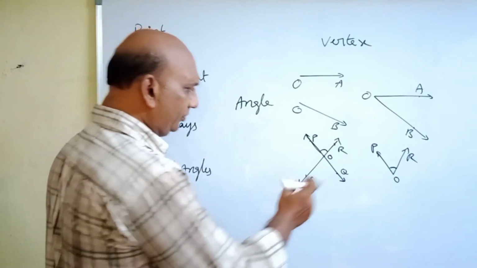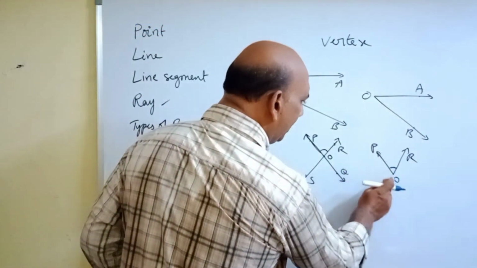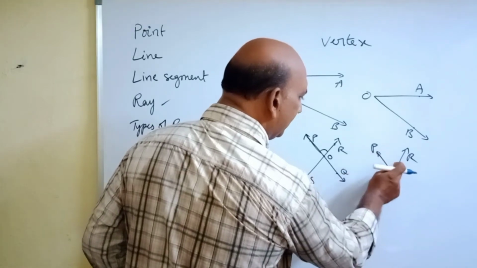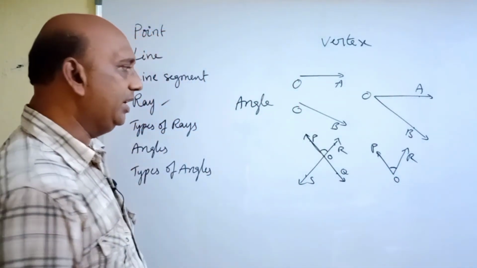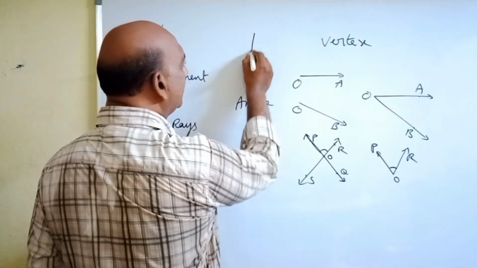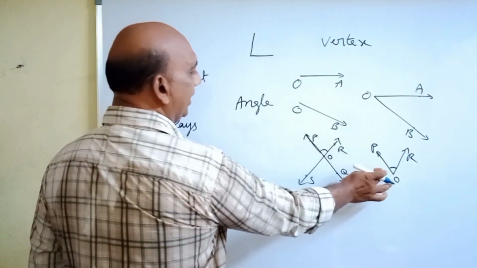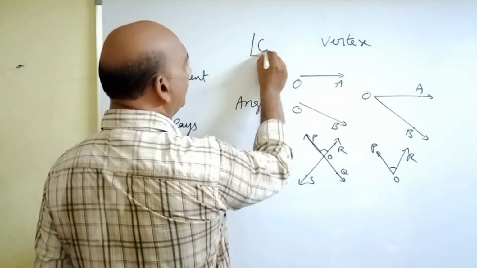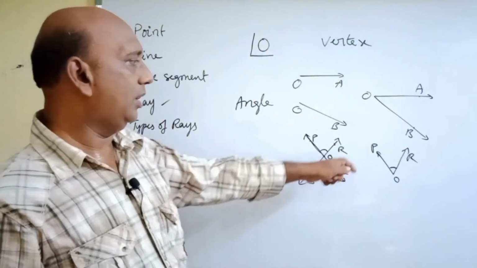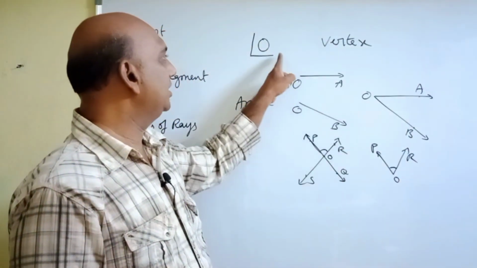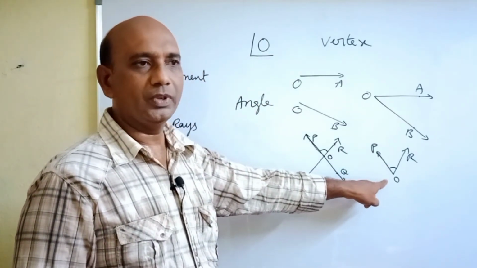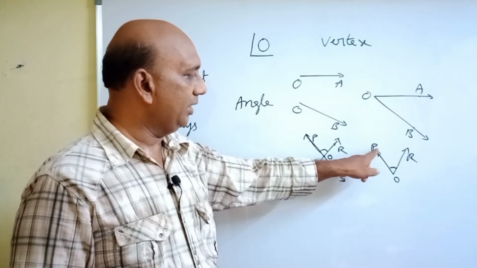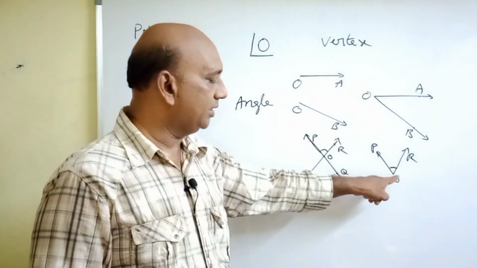So, in this figure, the angle POR is near O. That is indicated with the angle symbol. That angle is indicated as angle O because the angle is near the vertex O. That's why this is indicated by angle O. Or, from P, this is one ray and this is another ray.